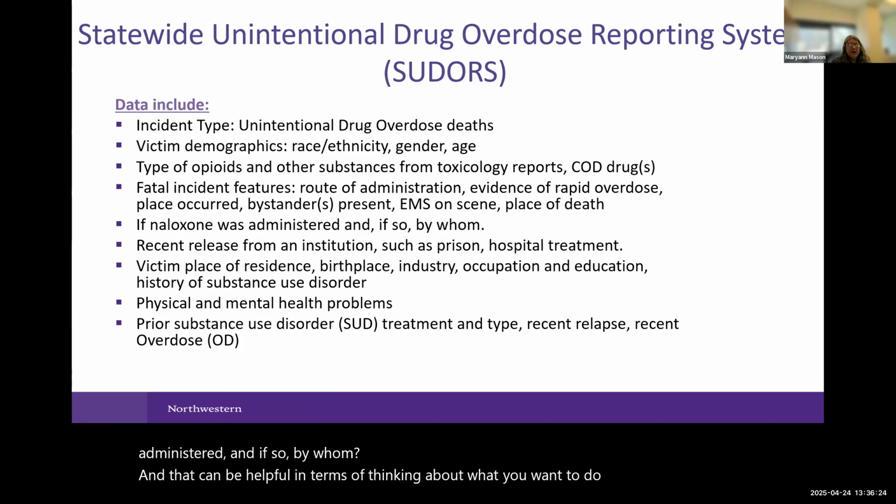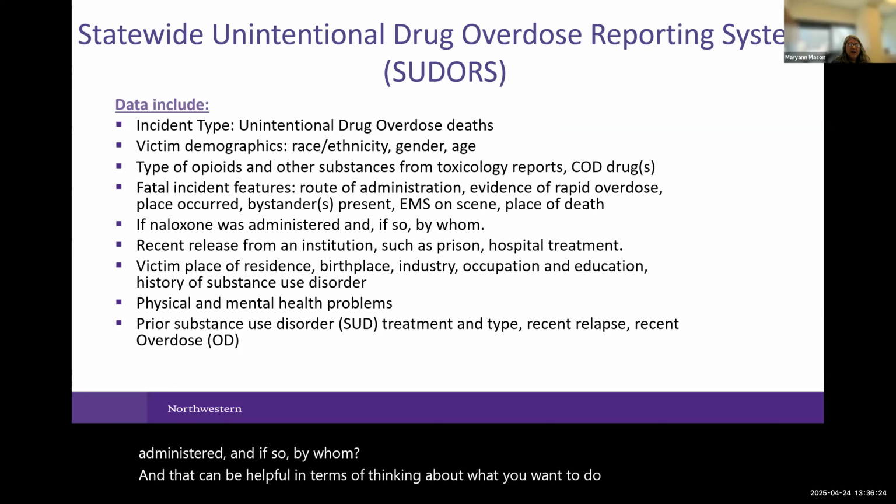So we have a rather robust data dissemination and outreach program connected to these surveillance systems. And we know from our experience that we've been able to help communities identify common things going on in their communities and who's at risk.